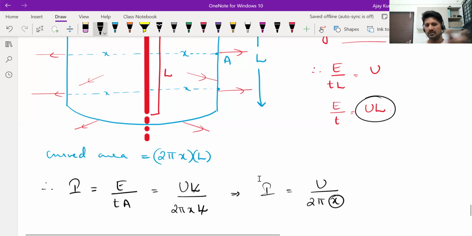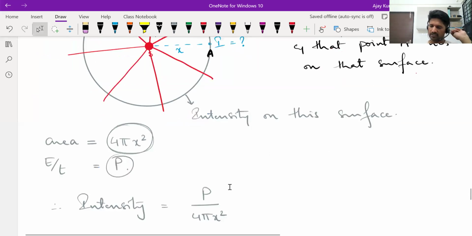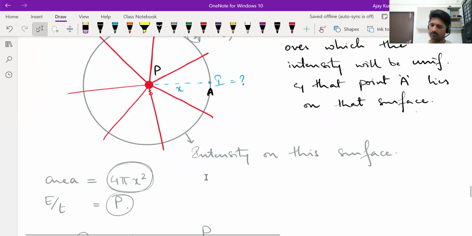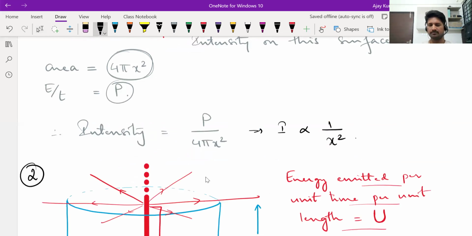So if it's a long linear source like this, the intensity is inversely proportional to the distance from the source. If it's a point source like the one we discussed in the first problem, the intensity is inversely proportional to the square of the distance. So for different types of sources, you have different variations of intensity with distance.